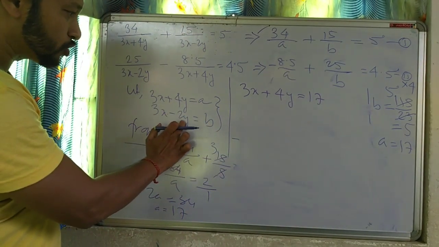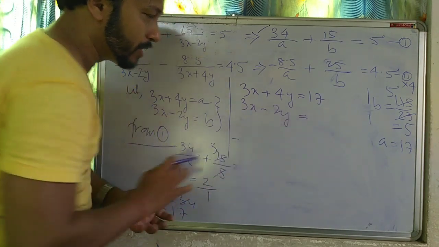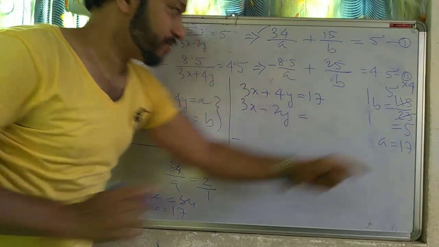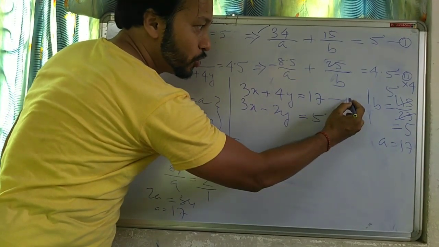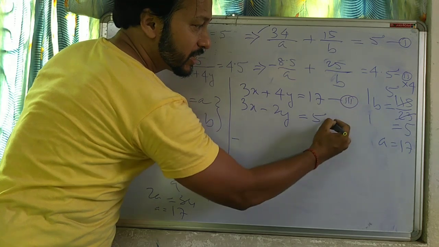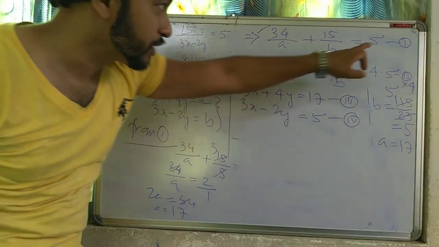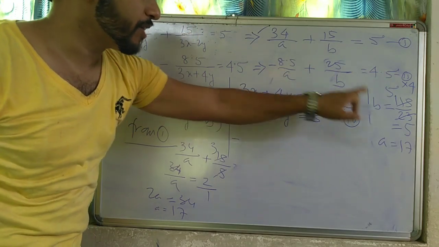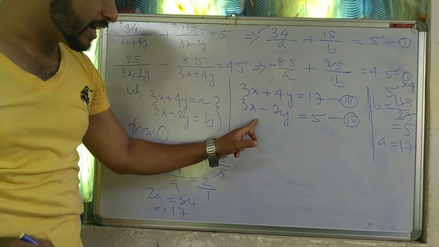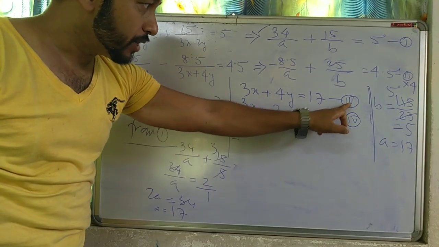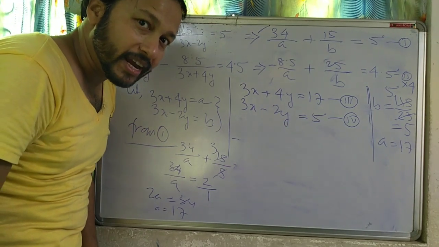Now 3x minus 2y equal to b. What is b? 5. So here we are getting two more equations, equation number 3 and equation number 4. First we got 1 and 2, from which we got the values of a and b.